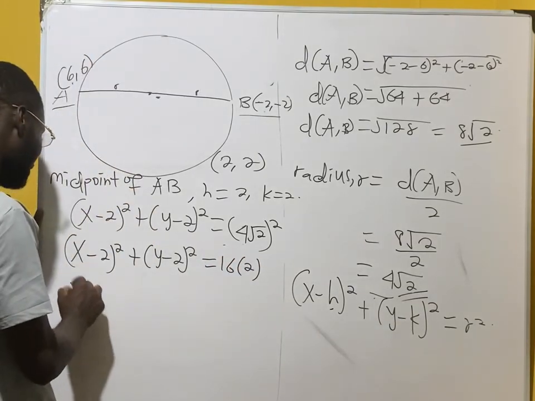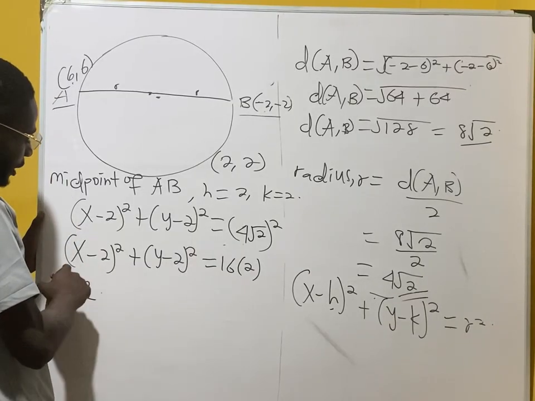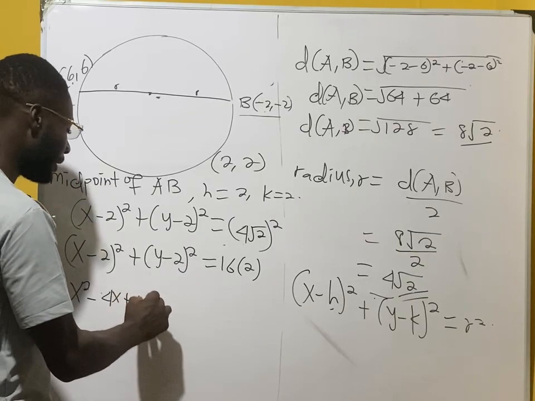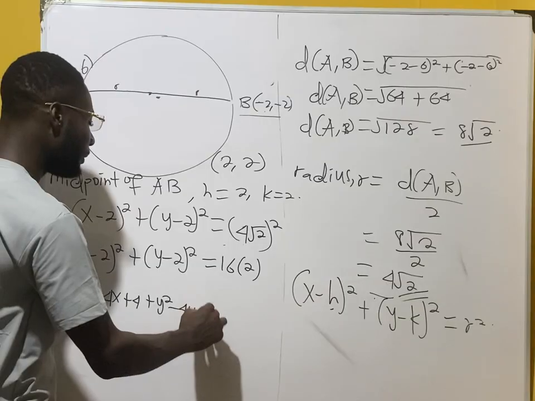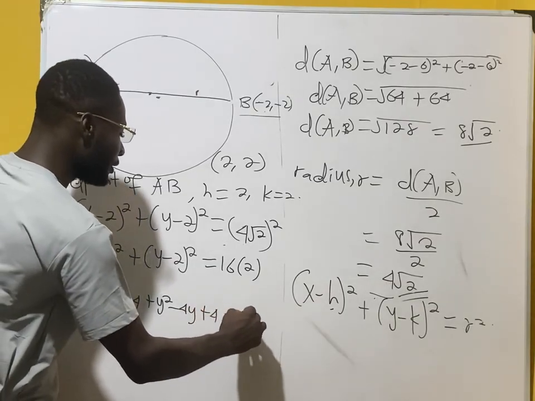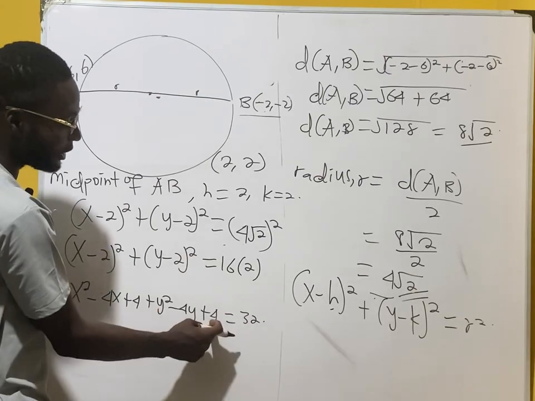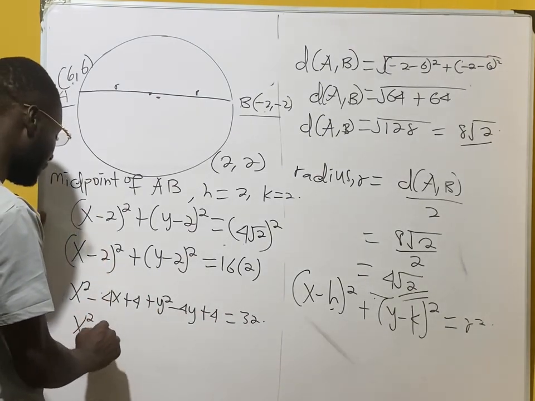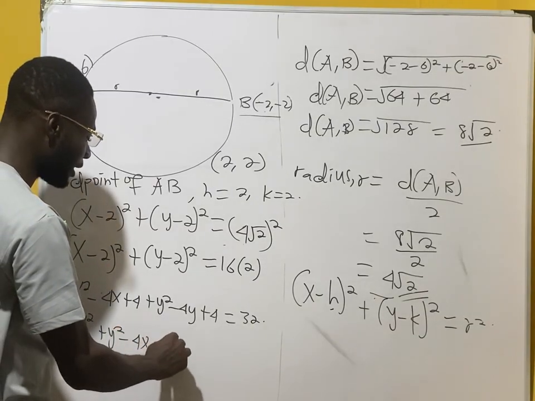So we have x squared minus 2 times 2 times x, which is 4x, plus 4, plus y squared minus 4y plus 4 equals 32, right? So we're going to simplify this by bringing this to this side. We're going to have x squared plus y squared minus 4x minus 4y.